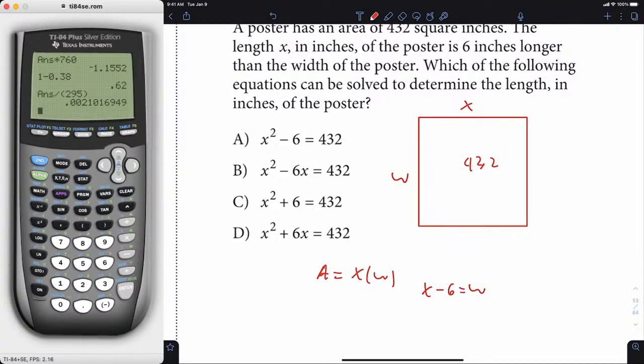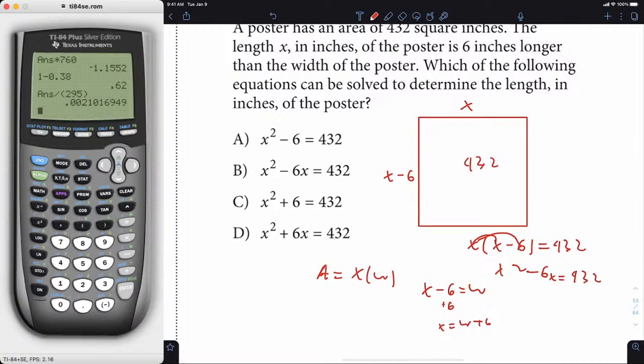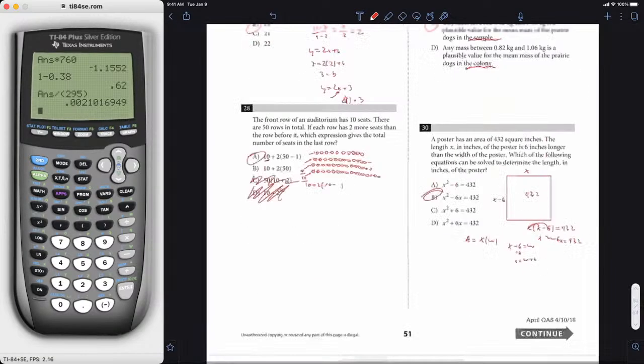That's fine. Which means that x is equal to w plus 6, or x minus 6 is w. It doesn't really matter. So remember, x times (x minus 6) is going to equal 432. If we distribute this, we get x squared minus 6x equals 432. Cool.